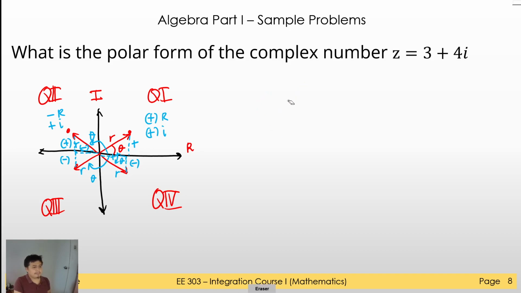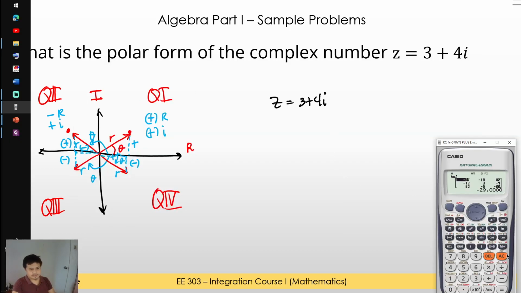So we have here z is equal to 3 plus 4i. So let's just utilize our calculator to solve for this. Okay, remember this. We have mode 2 for complex. So 3 plus 4i. Okay, and then we can use shift 2, and then we can convert this into its polar form.